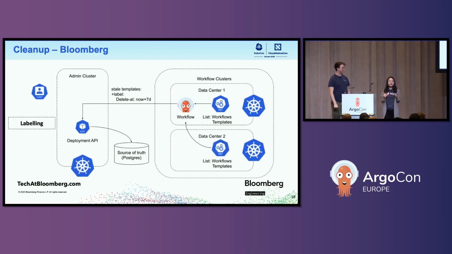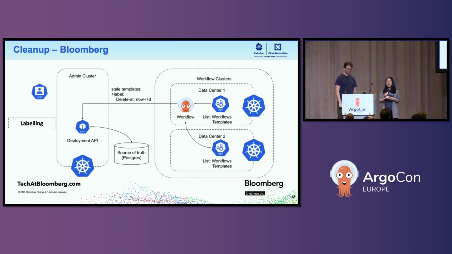So that cron workflow is on a single cluster, but it has the view of all the clusters' resources on the given tier. So that's how it makes a sound conclusion that certain templates are really stale. Nothing is referring to them for the entire tier.